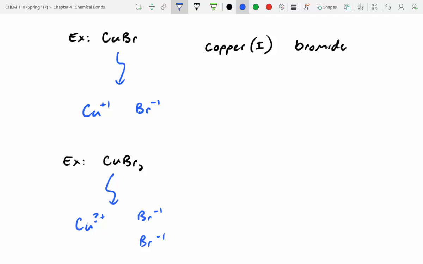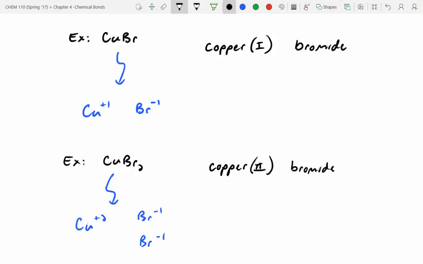So in order to cancel out the -1 off of each of the bromines, this copper must be 2+, which means that this would be copper 2 bromide. Does that make sense? I know it can be a little bit confusing, but I'll get you guys a nice flow chart and then we'll go through a good practice activity when we're done here.